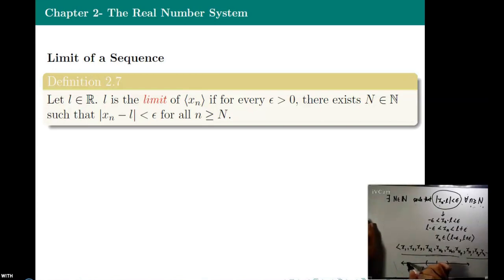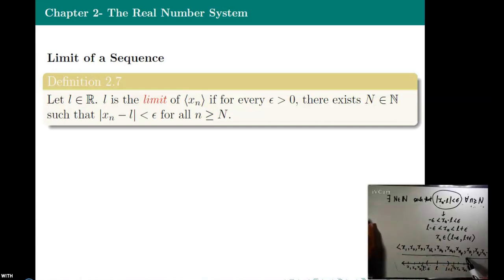Say for example, this x sub 1 is here, say x sub 2 is here, x sub 3, so we have here x sub big N sub 1, x sub big N sub 2, x sub big N sub 3, x sub big N sub 4.